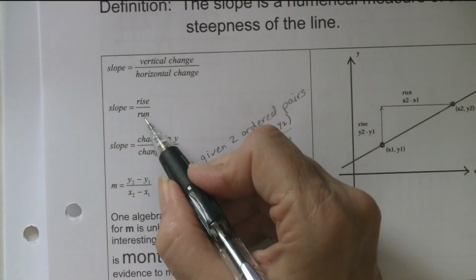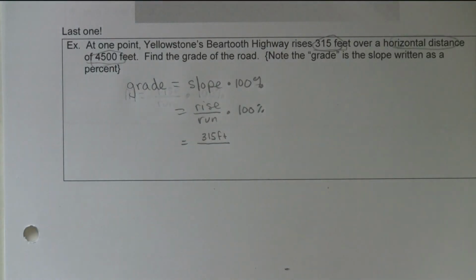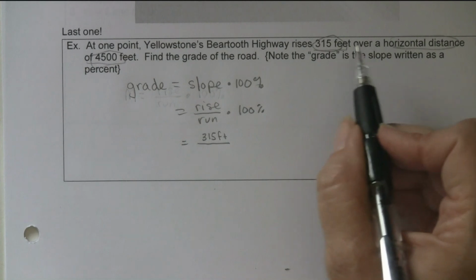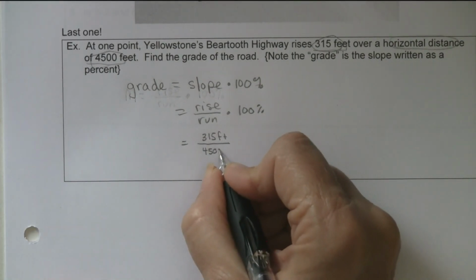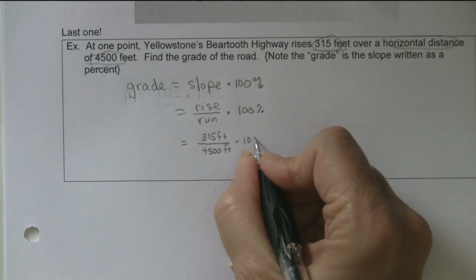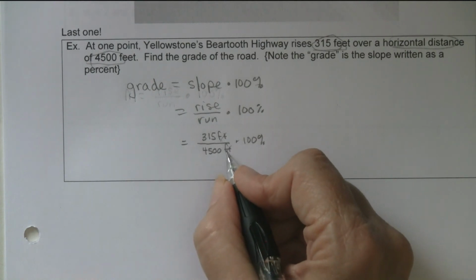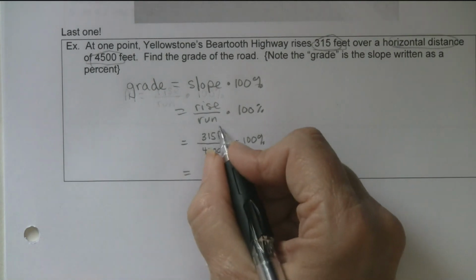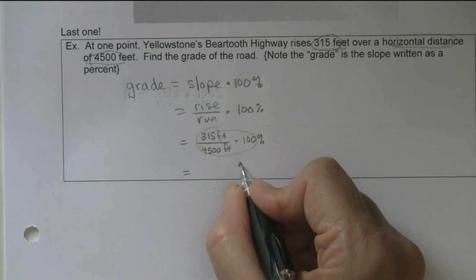Horizontal change is another word for the run, right? And so they're now using that other word, the horizontal distance or the horizontal change, 4,500 feet. That's the run. And then times 100% to turn it into a percent. Feet divided by feet cancel out. And I'm going to put these numbers in my calculator, and then that will be the percent.